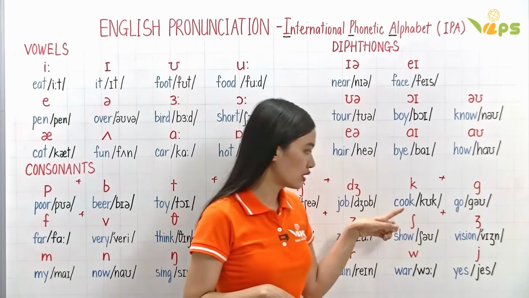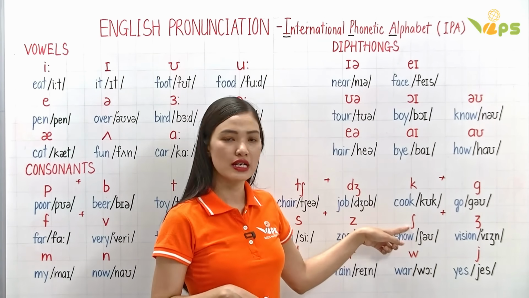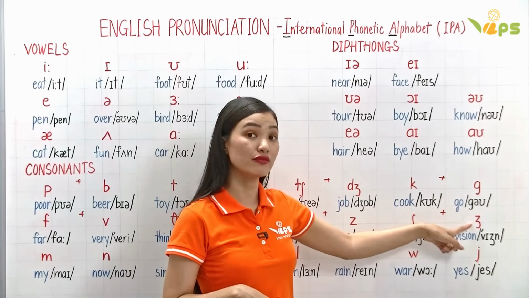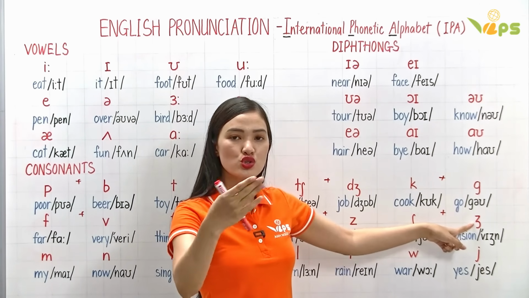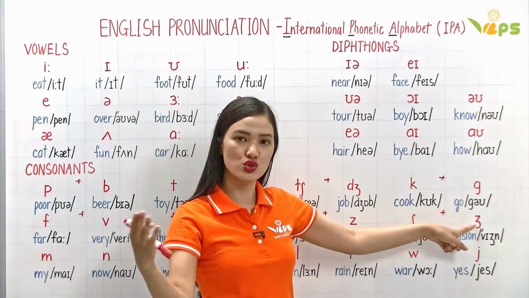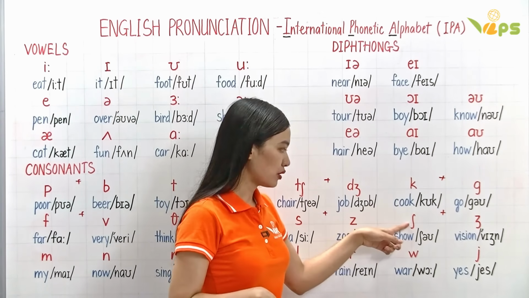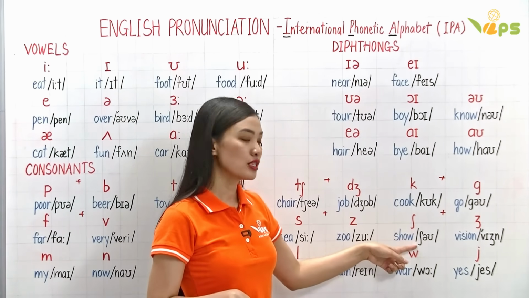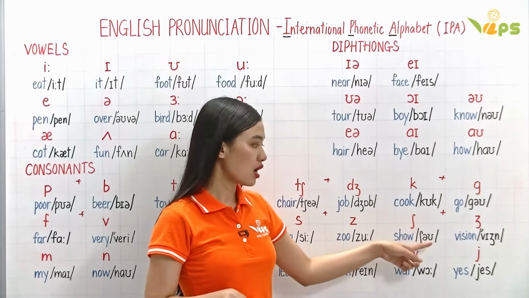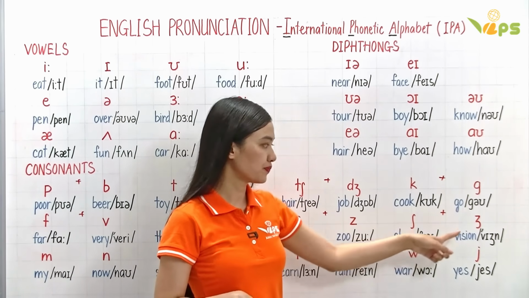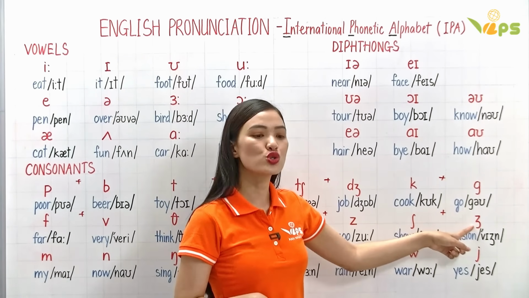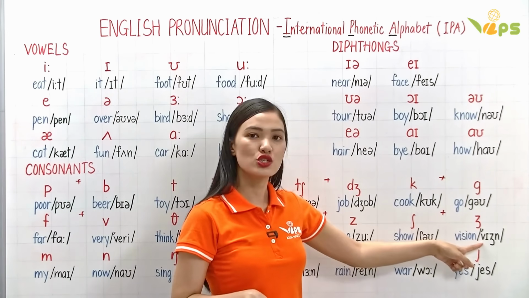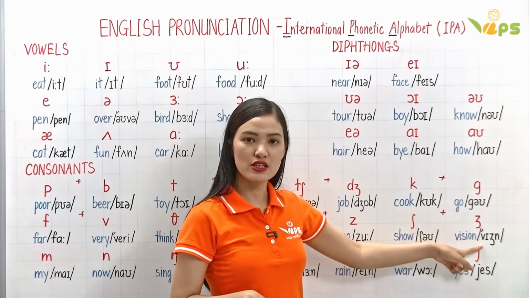And the last couple, sh, unvoiced. And this one, voiced. Sh, very gentle. Show. This one, zh. Vision.